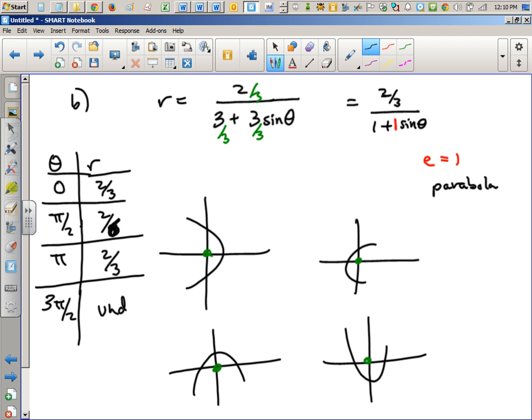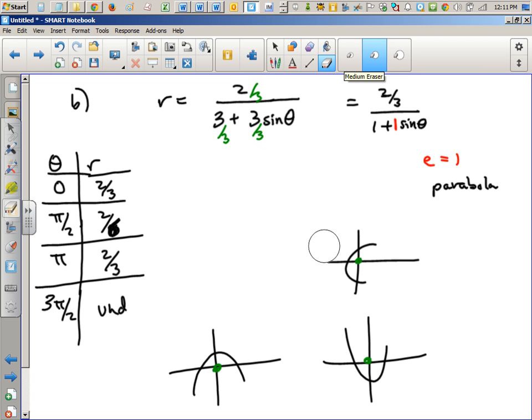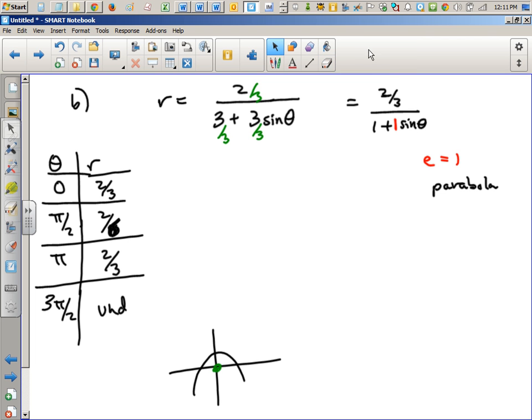And notice, it contains the points 2/3 at 0, and 2/3 at pi. So these 2 points are symmetric over the pi over 2 line. That's these 2 points. And this is the point 1/3, pi over 2 right here. So you can plot the table, or you can kind of turn it into a multiple choice and eliminate the bad possibilities.